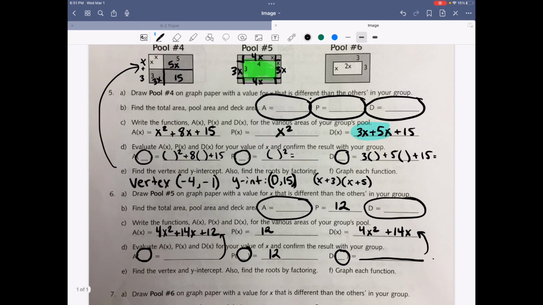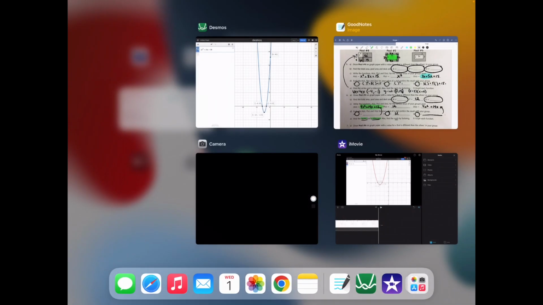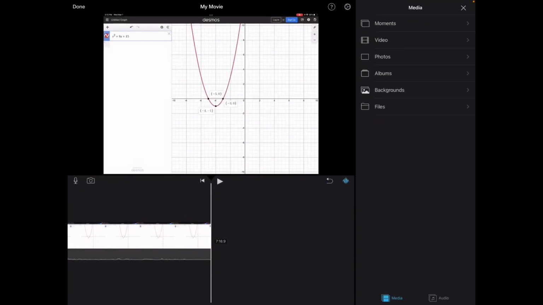Okay. Next, we're going to find the vertex and the y-intercept, as well as the roots by factoring. To find the vertex and the y-intercept, we have to put this equation into a graphing calculator. So 4x squared plus 14x plus 12. Oh, wrong calculator. Desmos.